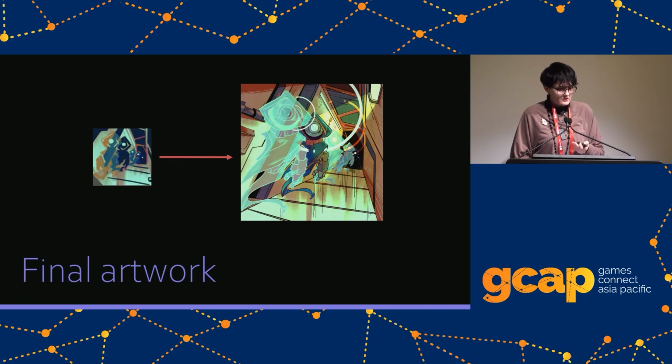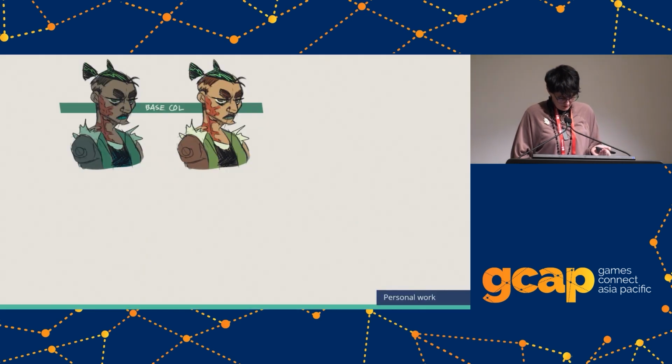If this is a painted style final piece, you can pretty much do color picking from the thumbnail. Just split it up into however many layers of foreground, middle ground, background, and just work through it piece by piece. But if you're doing a flat style, there's a little bit more work that needs to go into it. So for example, you need to make a decision from the thumbnail, what is going to be the base color?